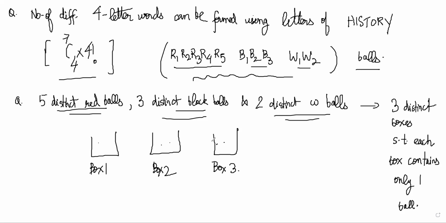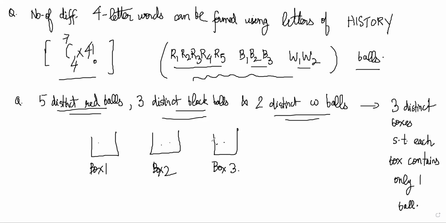Like R1 in box 1, R2 in box 2 and R3 in box 3 is different from R2 in box 1, R1 in box 2 and R3 in box 3.